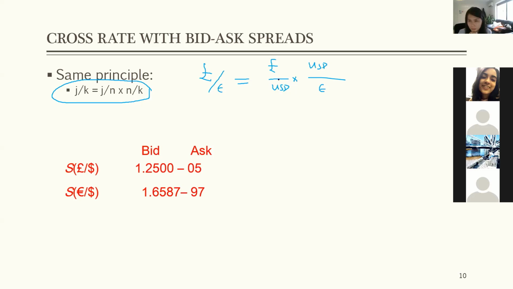If we want to denote it more formally, we can use this equation here. If I want to find the J over K cross rate, I can write it as J over N times N over K, with N being the common currency. In the previous example, J is my pound, K is my euro, and N is my USD.